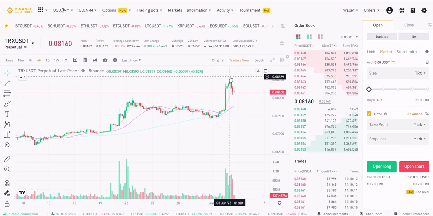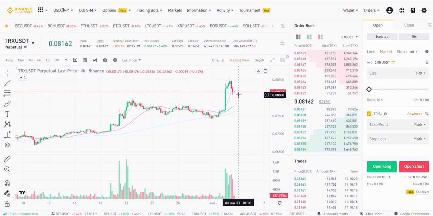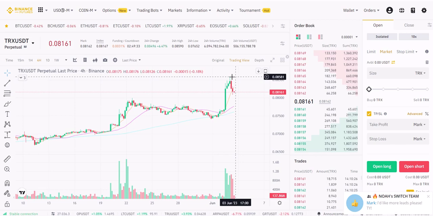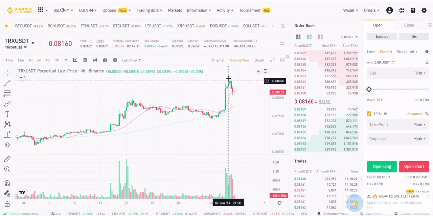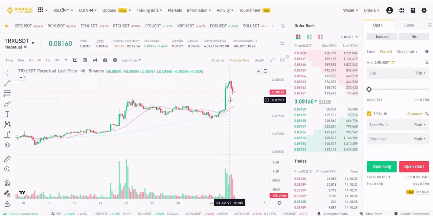So this would have been a great place to short. I don't like getting into shorts when they're this far along. Just like they say, don't chase green candles, you also don't chase red candles. So I'm pretty much either going to get into a short from here to here somewhere, or I'm not going to get in at all.